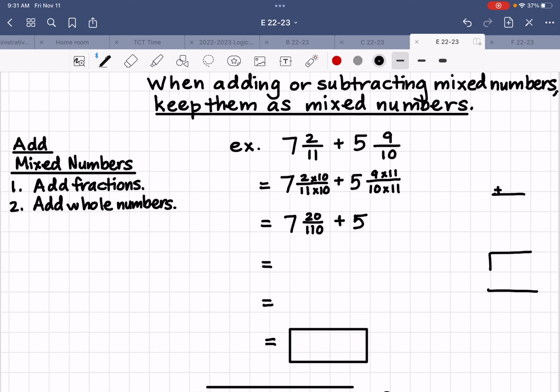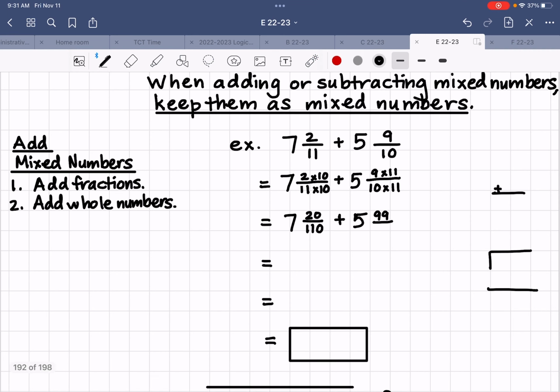So that's the numerator, 99. And we know that 10 times 11 is already 110 because of the commutative property. 11 times 10 is the same as 10 times 11. All right, so we have our equivalent mixed numbers now to the original mixed numbers. Okay, that means they're the same point on the number line. It's just the symbols look different so that we can compute with them.